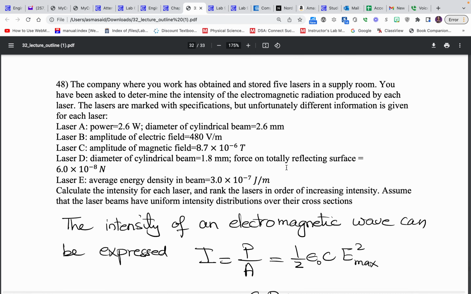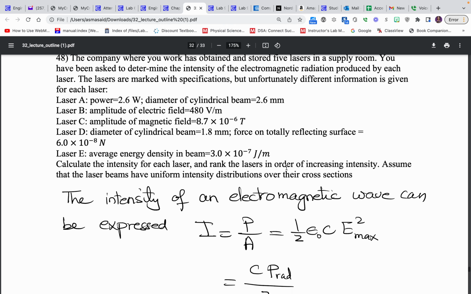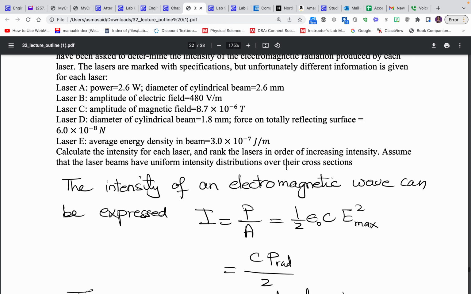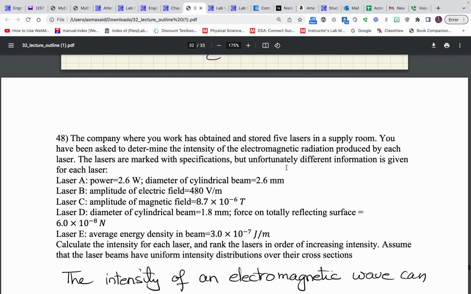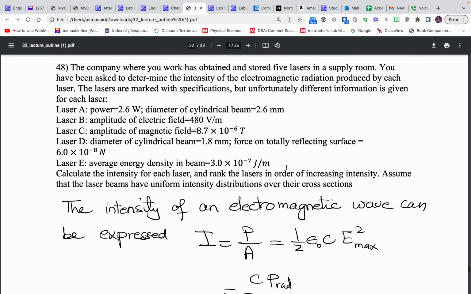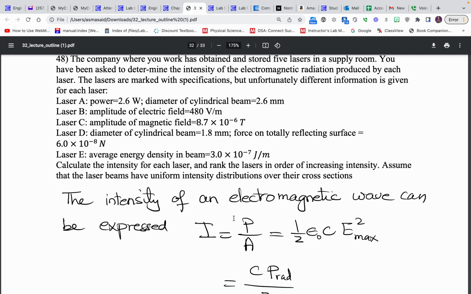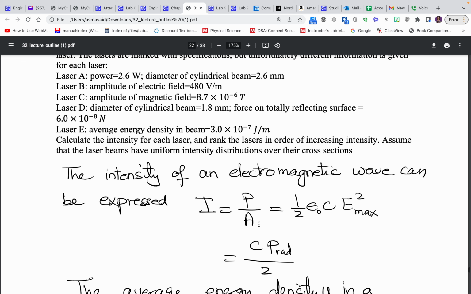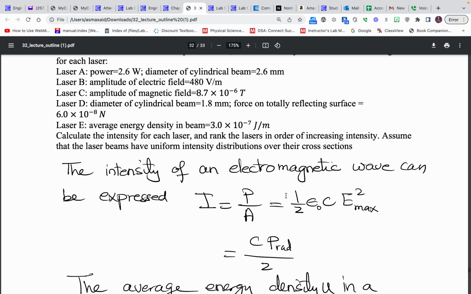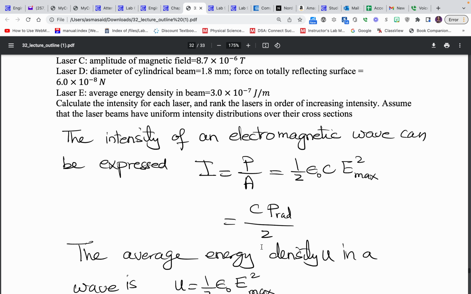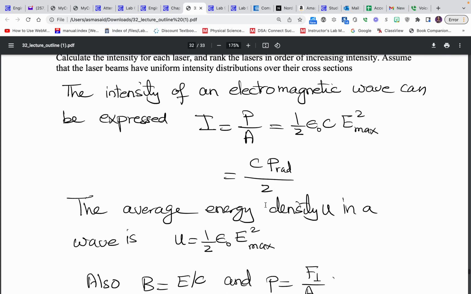This one is about calculation of the intensity, with different equations. As I said before, intensity can be calculated as P over A, the power divided by the area. It can be calculated using this equation, and by this equation.